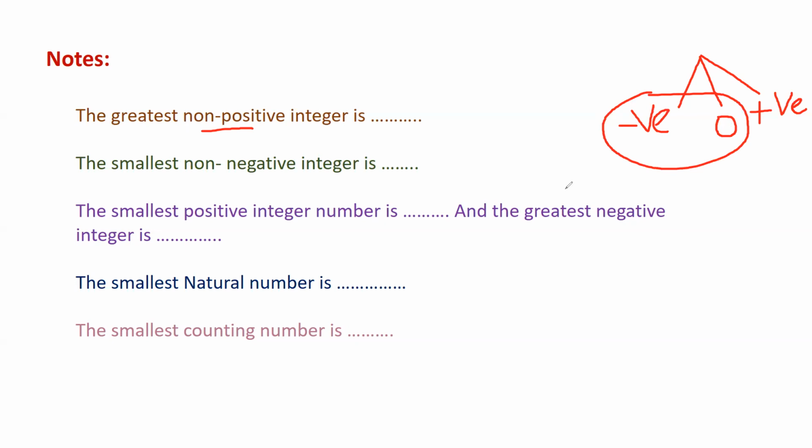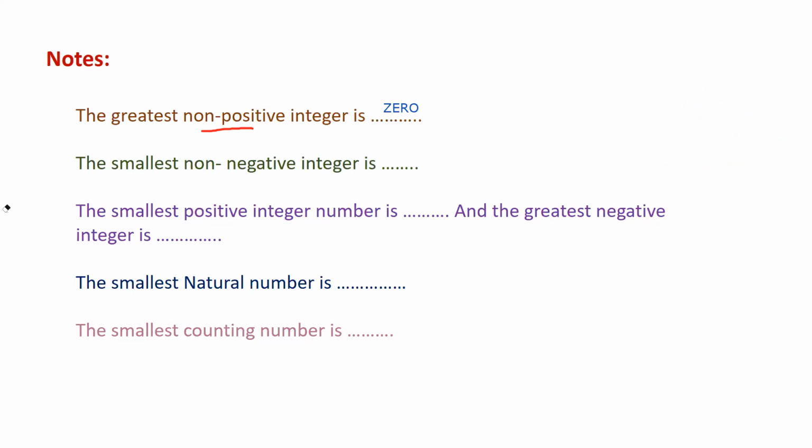Where is the greatest one? Of course, the 0 is greater than any negative number. So the greatest non-positive integer is 0. Number 2, can you see? Here he asks you about the smallest non-negative integer.